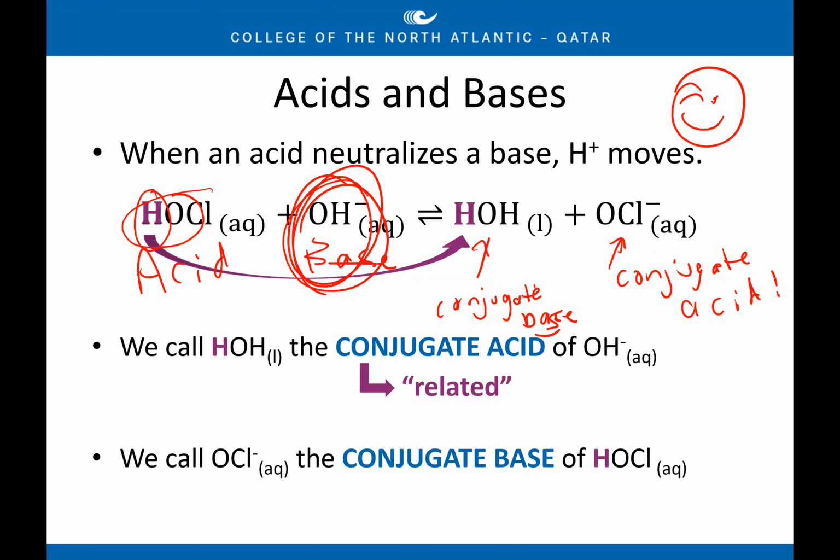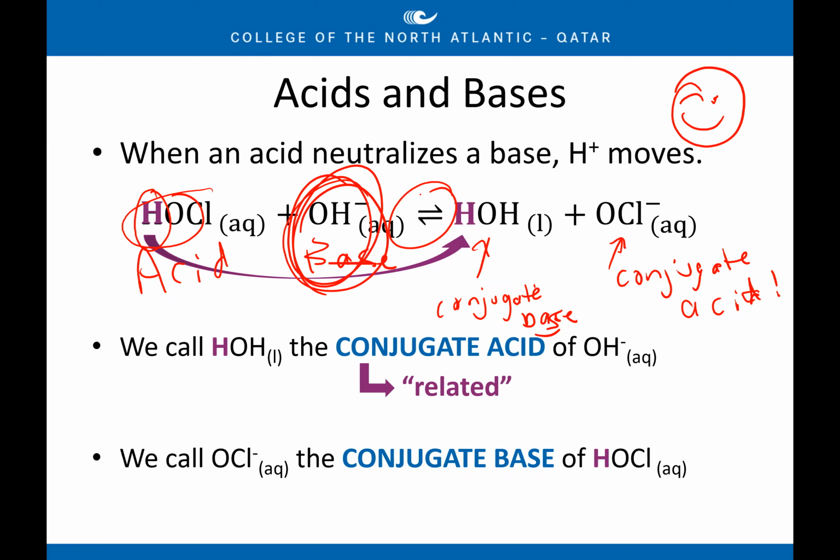Isn't that weird? So the acid on the left in the chemical reaction turns into the conjugate base or the partner base. The conjugate base in the reaction turns into the conjugate acid. And this is all part of the equilibrium.